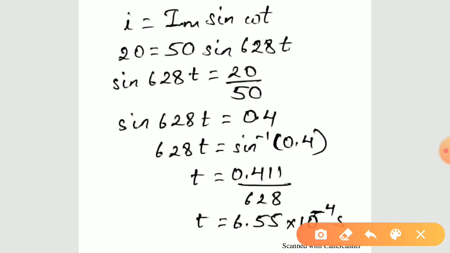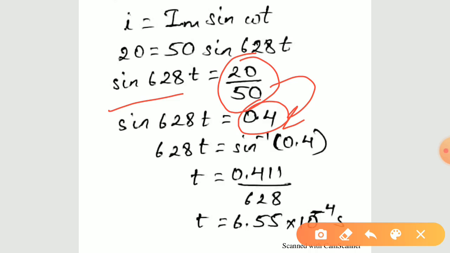On rearranging the equation, we have sine 628t is equal to 20 upon 50, which is 0.4.